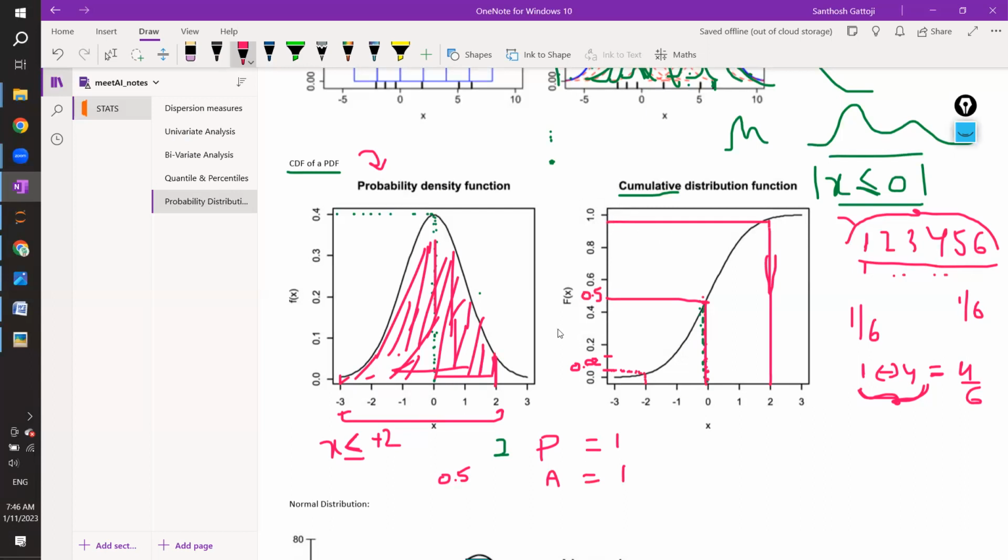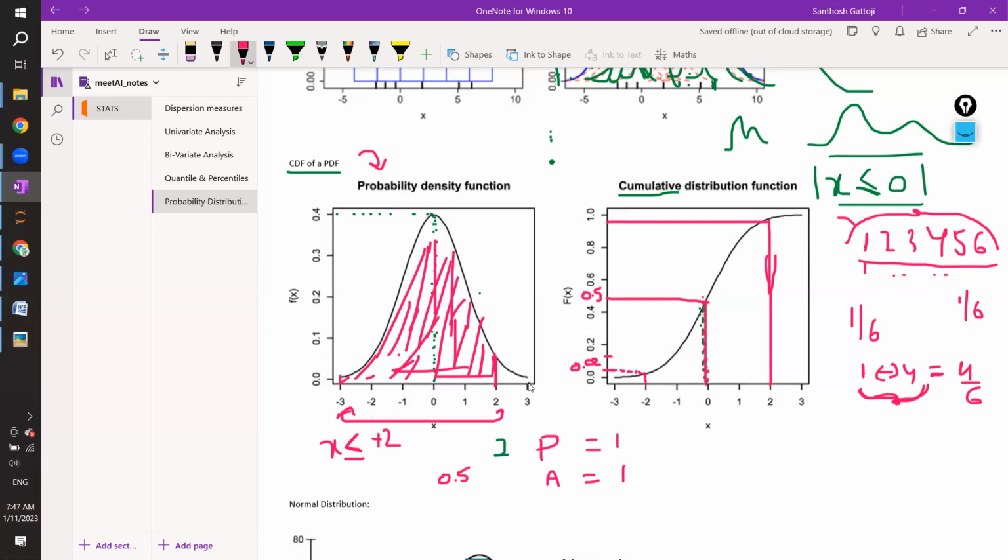This small portion which you see here is this portion. The overall range is -3 to 3. If I'm asking what is the probability that the random variable is between -3 to 2, that means I'm covering almost the whole range, so you will get almost the whole area. That's why the value at 2 will be almost 1. It's not 1.